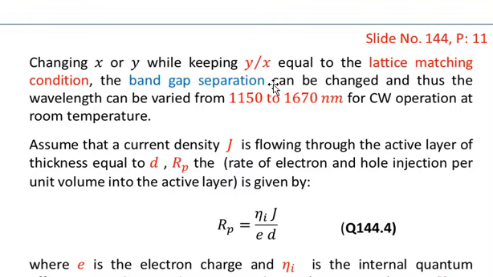We can change x and y, but the ratio y over x should be kept constant. And then the wavelength can be varied from 1150 to 1670 nanometer for the CW operation of the laser at room temperature.